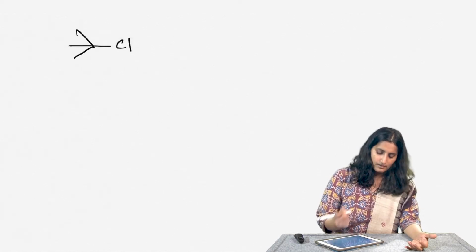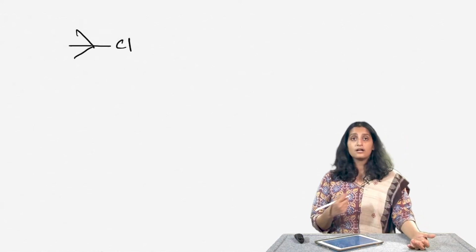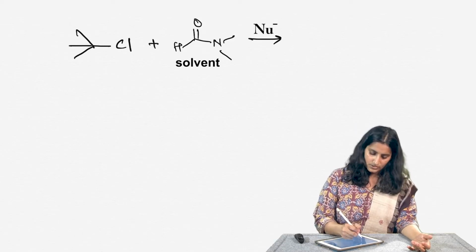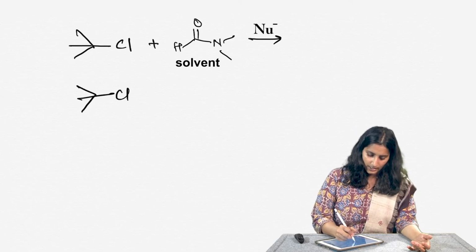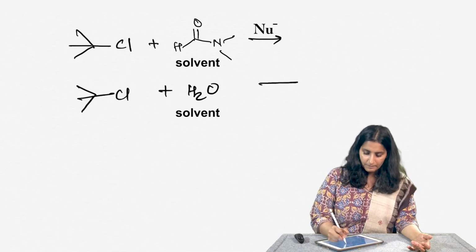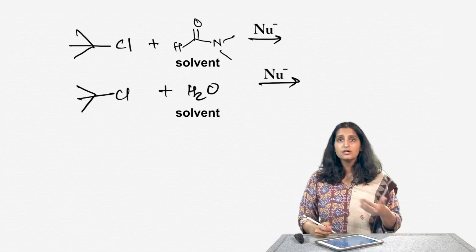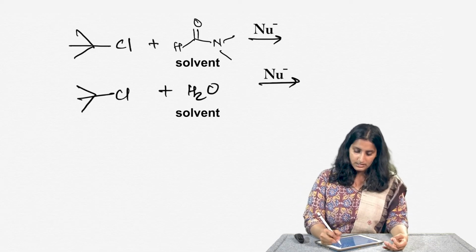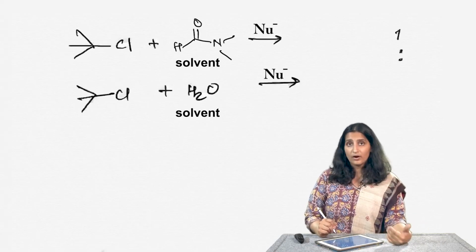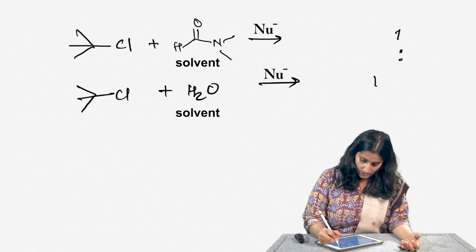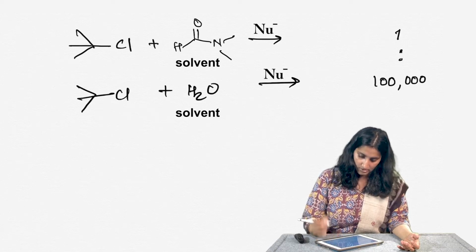Let us take this particular reaction where tertiary butyl chloride is reacted with DMF versus when the same tertiary butyl chloride is reacted with water. If the rate for the previous reaction is, let us say, 1, then the rate for the reaction with water as the solvent is around 100,000 times faster.